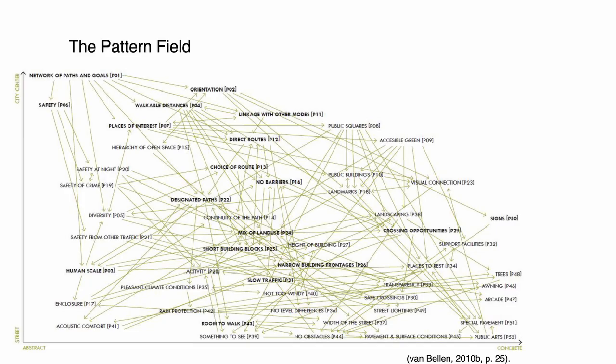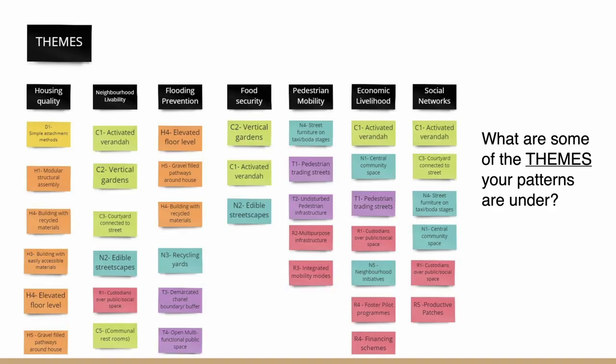Somewhere in the middle, they have things like public buildings or mix of land use. All those are landing somewhere between the street and the city center. For example, if you say economic livelihood as a theme, some patterns fall under this, like the group that was looking at shops and all that.